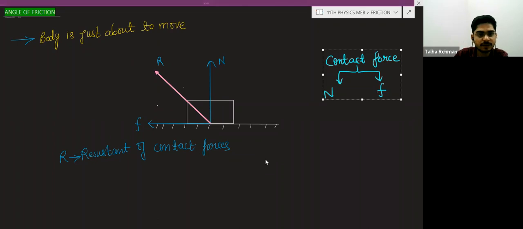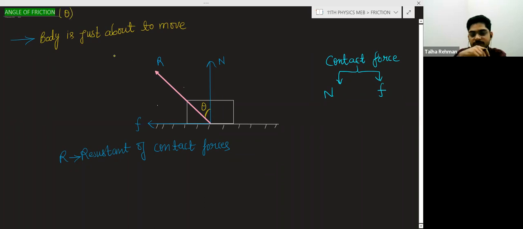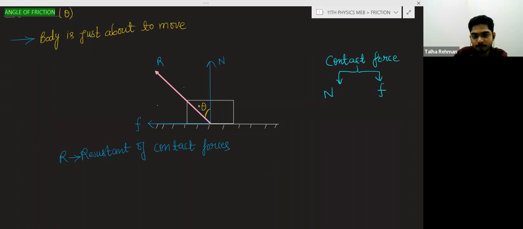And this angle is known as the angle of friction. This theta is known as the angle of friction when this block is just about to move.